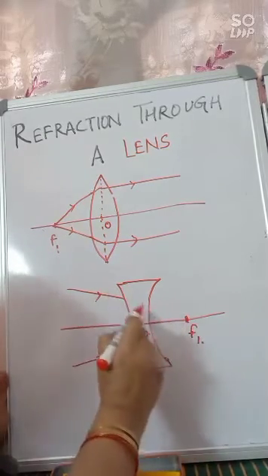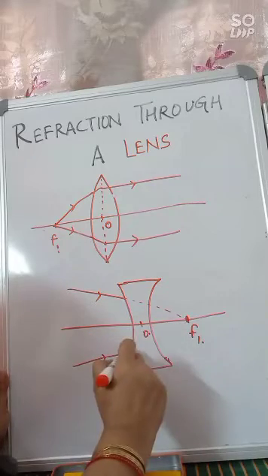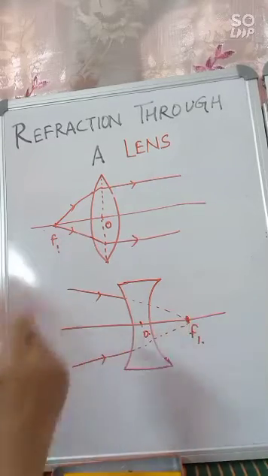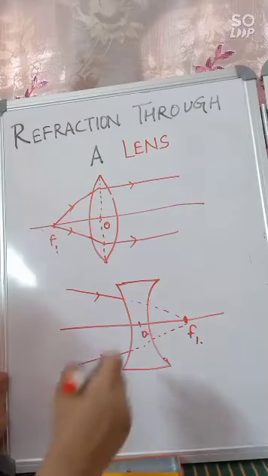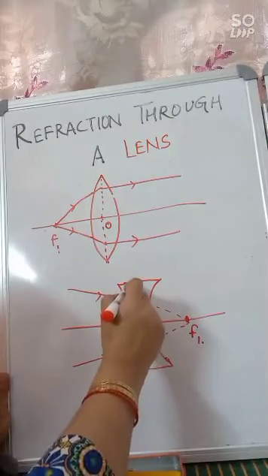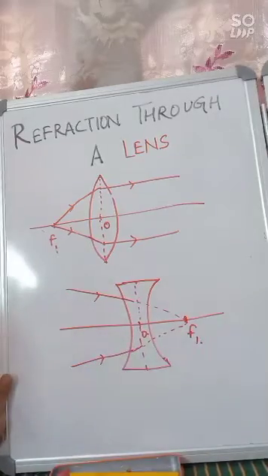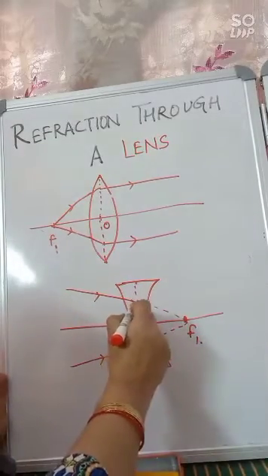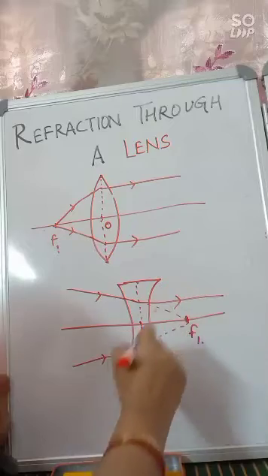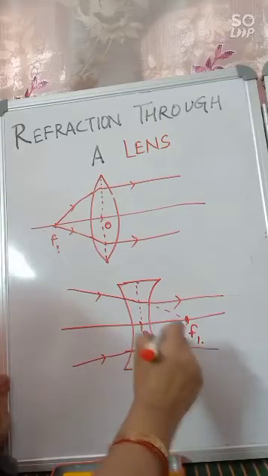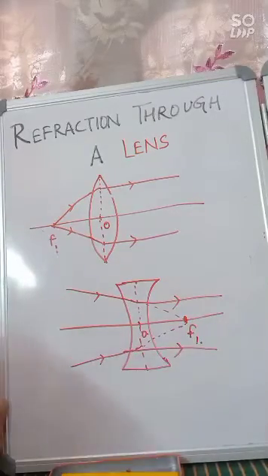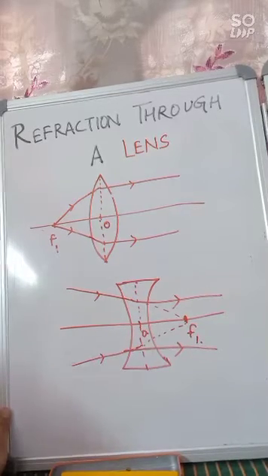They will appear to meet at this point, right? But after the lens they become parallel to the principal axis. They simply appear to meet at this point. Fine. Next we have the second focal point.